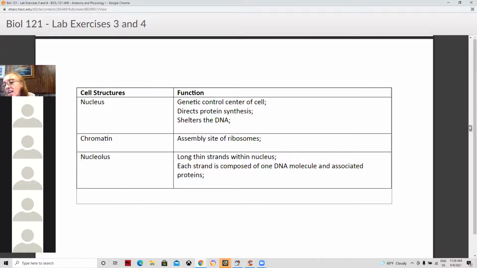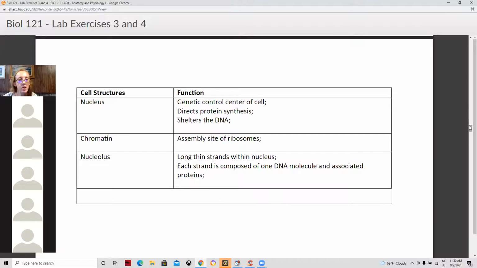All right, let's come back here. So the nucleus is the basic cell structure, the genetic control center of the cell. It directs protein synthesis and shelters the DNA. Oh, shoot, it's not right.